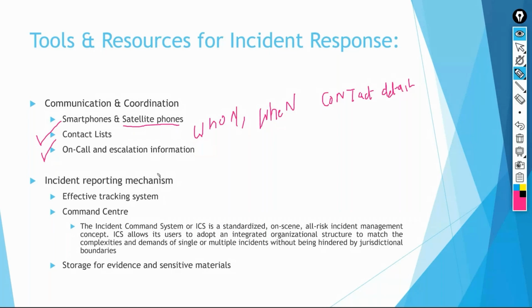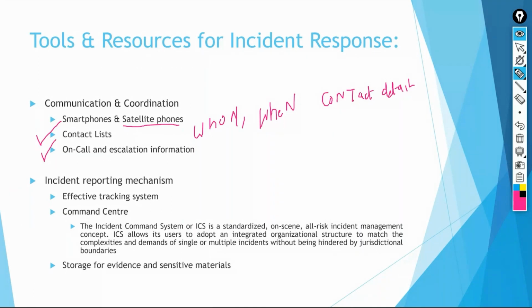Now, when we are talking about the incident reporting mechanism, one of the biggest factors of incident response is incident reporting. In order to establish incident reporting, an effective tracking mechanism is needed.